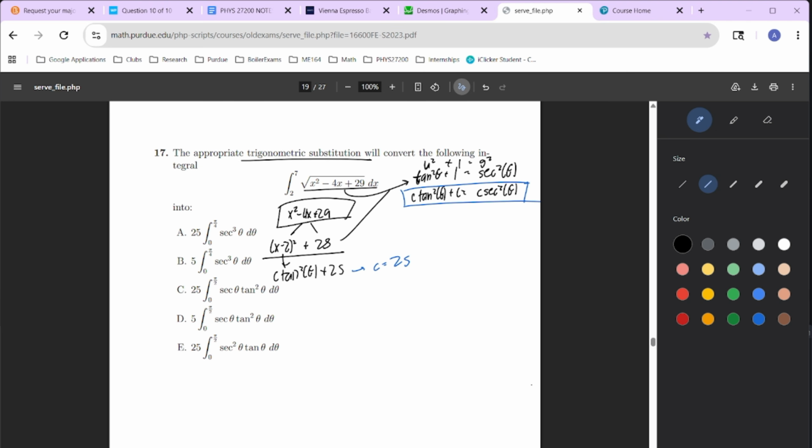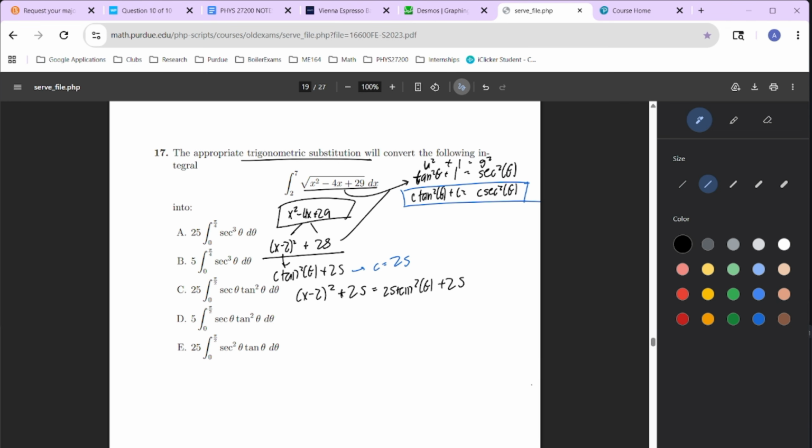We can rewrite that out to be like this. x minus 2 quantity squared, then plus 25 is equal to 25 tangent squared of theta, and then plus 25, right? And then now we can pretty much perform the trigonometric substitution. Almost.